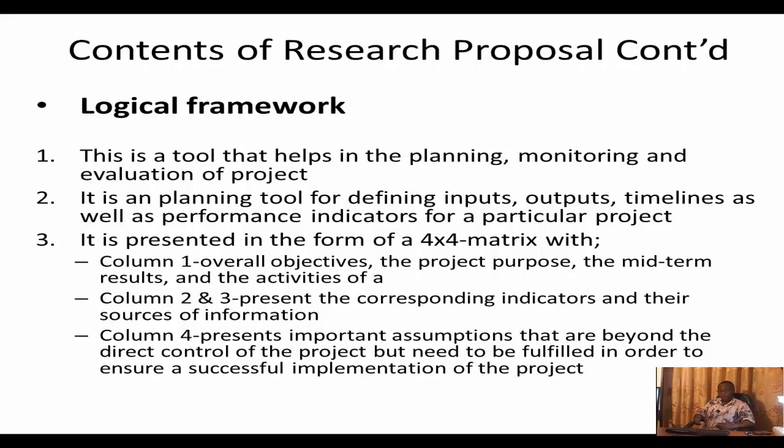Because sometimes people would say, oh, we would use an indicator of, let's say, district level GDP. Okay. But where are you going to get this information? Is it coming from the National Statistical Service or Statistical Bureau? Is it coming from research institutions? Where are you going to get the information on district GDPs? Or if it's an engineering project, one of your indicators might be the rate of failure of the product.